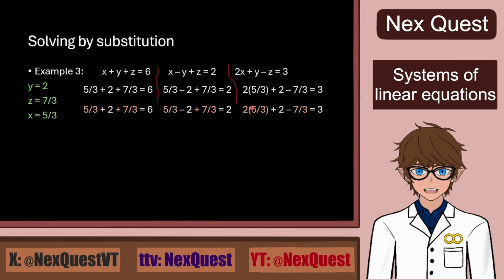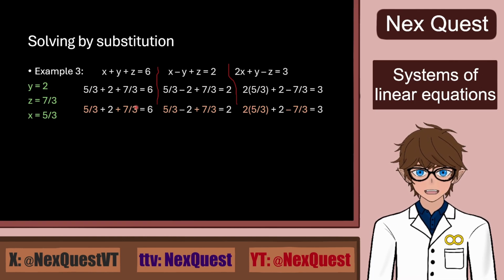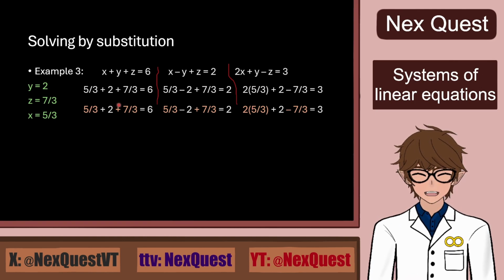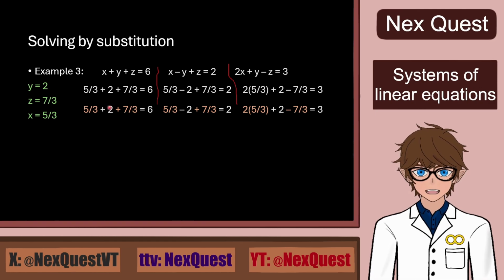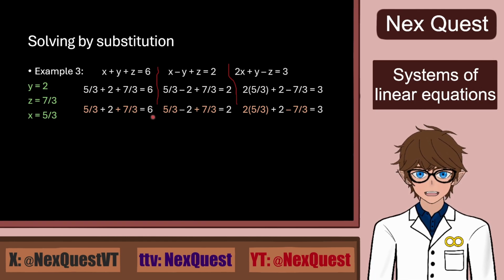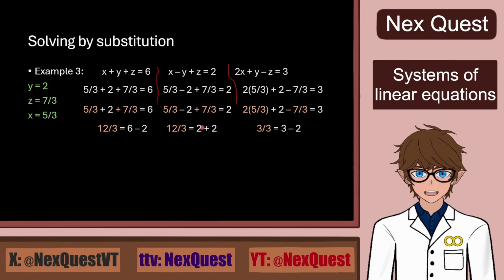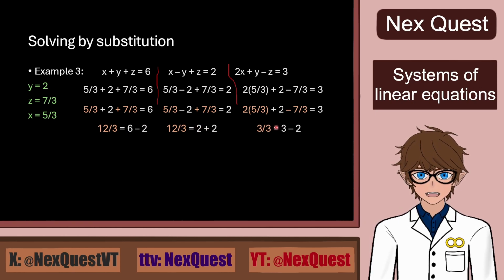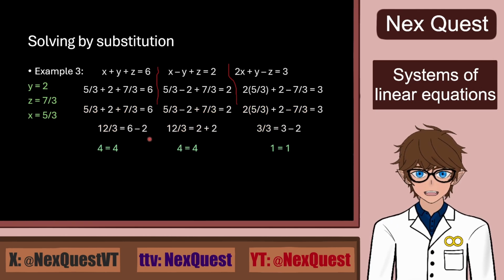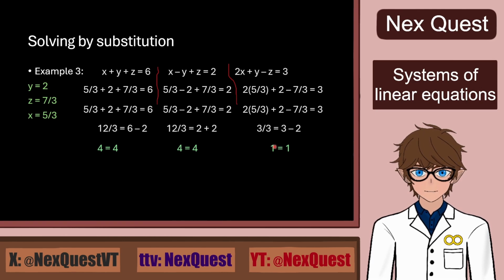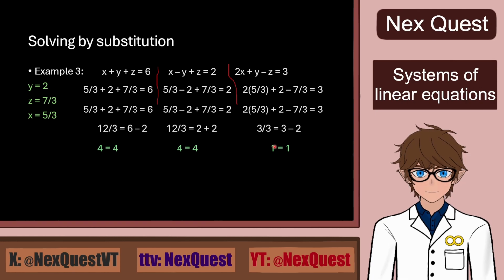Now, every fraction will be colored orange, so it's easier to work with them. I move numbers, so the white colored to the right, the fractions to the left. We get 12/3 equals 6 minus 2. We get 12/3 is 2 plus 2. And we get 3/3 is 3 minus 2. We get 4 is 4, 4 is 4, and 1 is 1. This is all correct. And this took us, like, what, 5 minutes?